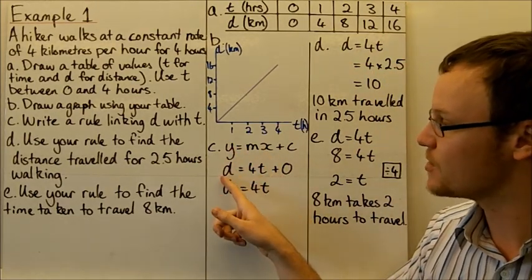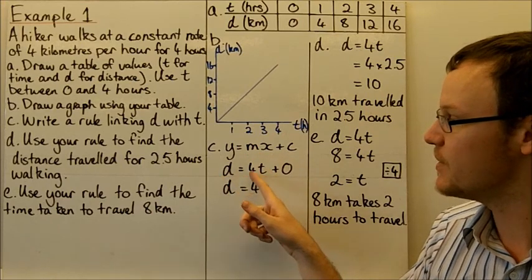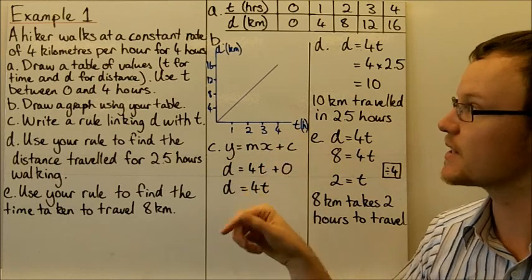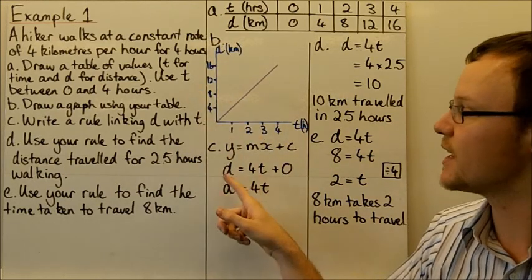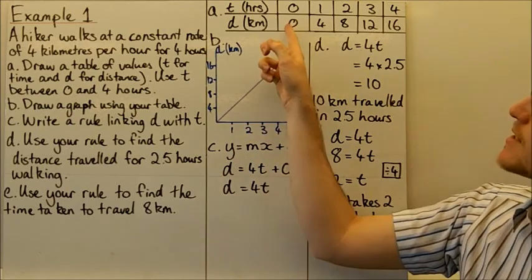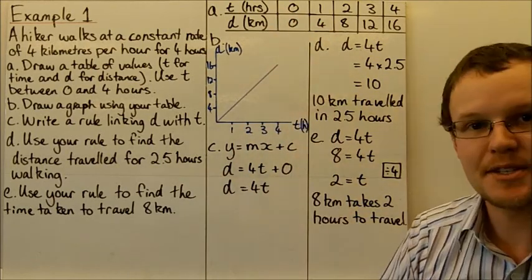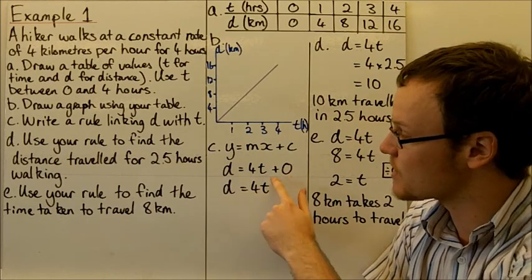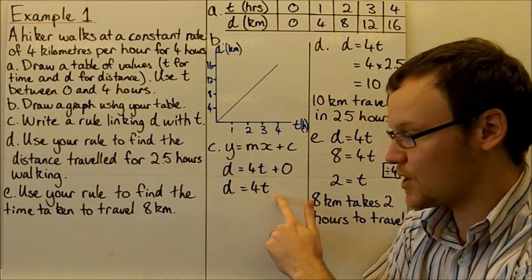Our y is going to be d, our m is going to be 4, and our x is t. Now our c value is the distance when the time is 0, and the distance is 0 at that point. We're starting at 0. So our rule is going to be d equals 4t.